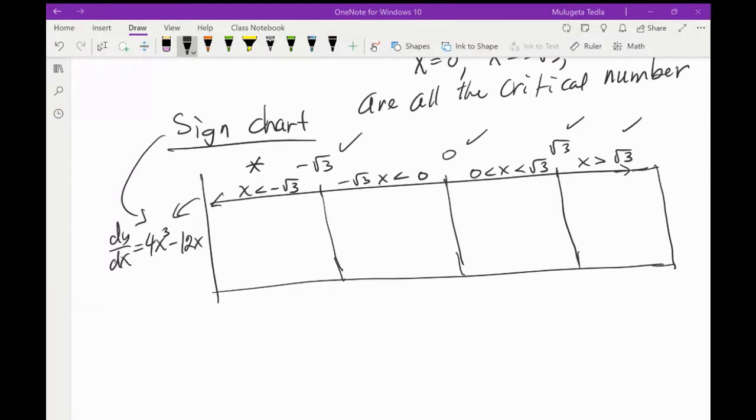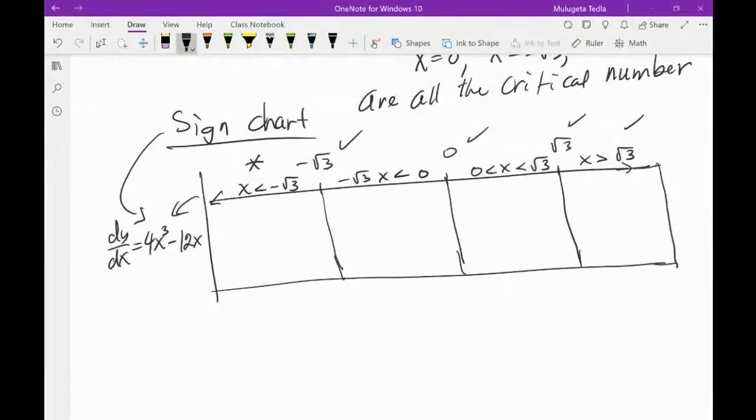Both are good though. So when I plug x equal to negative 2 here, negative 2 cubed is negative 8, times 4 is negative 32. Negative 2 times 12 is plus 24. So I get negative 8. So this is negative.